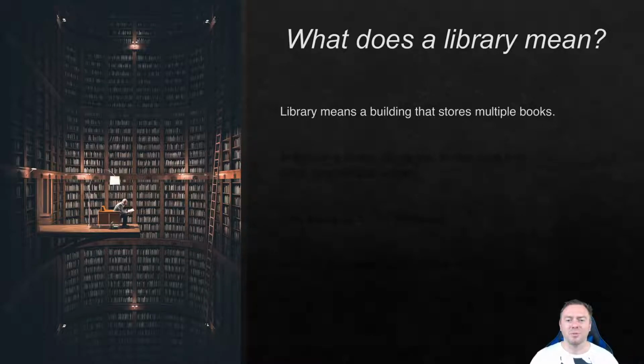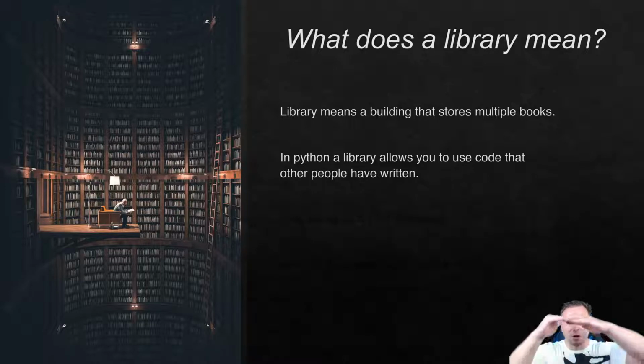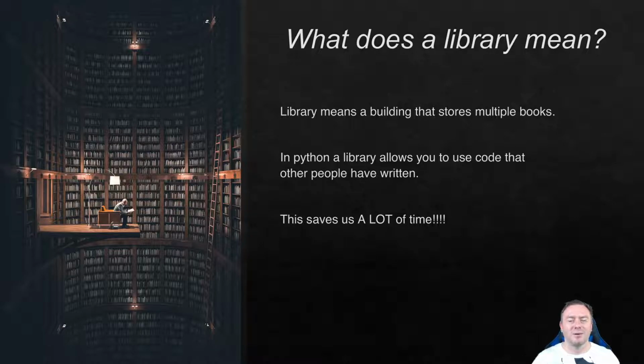The same is true when we code in Python. A library allows you to use the code that other people have written. So rather than having to remember everything or type out all these instructions, you can use a library that you import in that has all that information built in for you. So this saves us a whole heap of time, which is really cool.